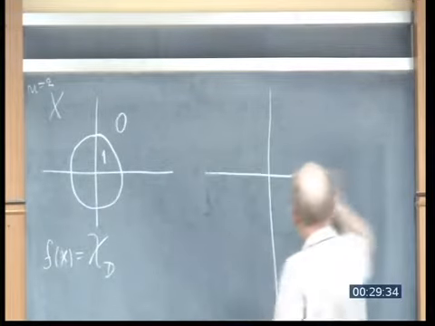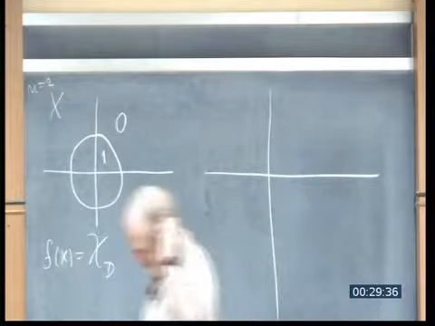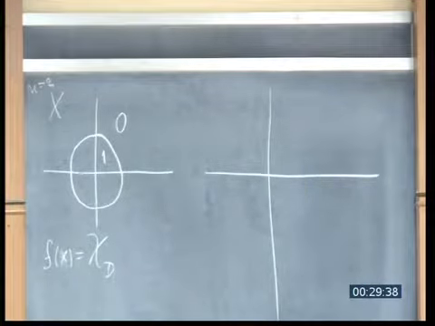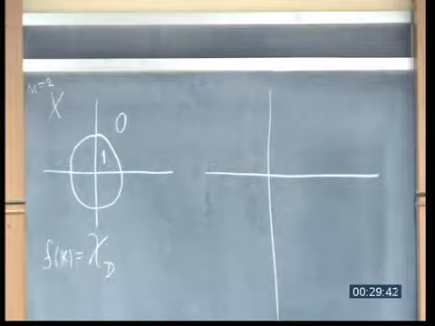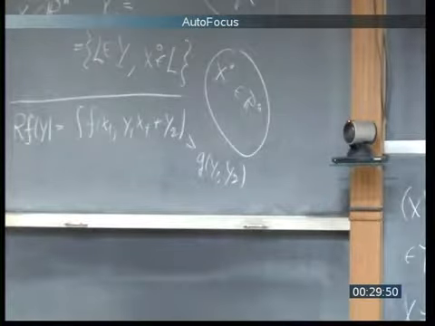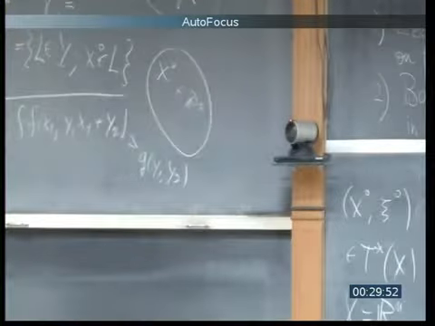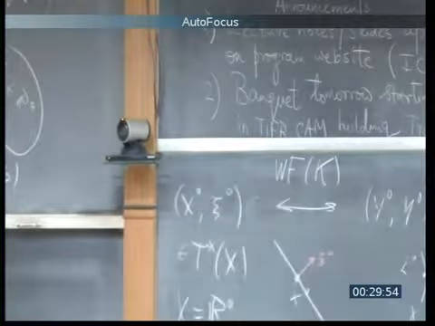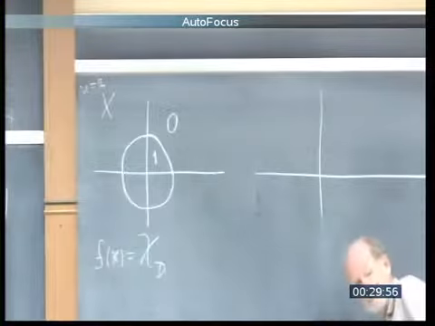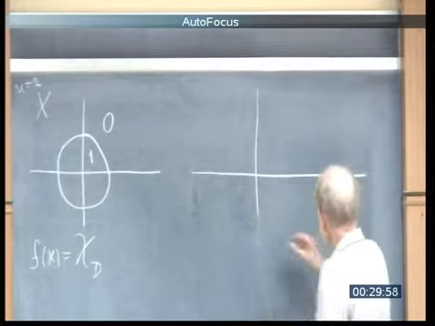I want to actually draw the function g of y here. So it's a function of y1 and y2. I can't draw the values of the function, but I will draw the support.